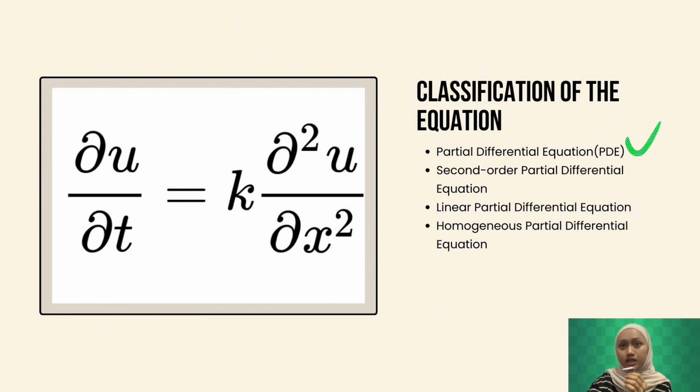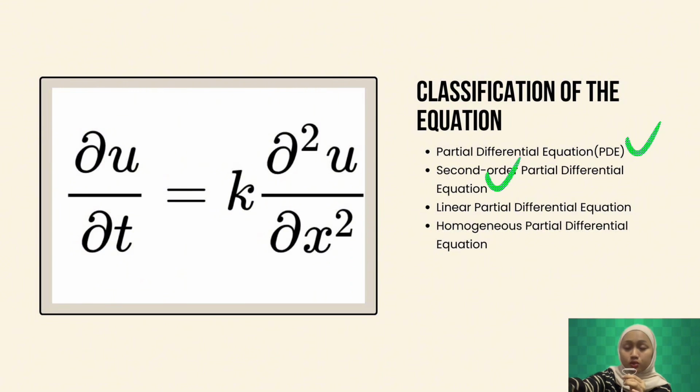For the second one, it is a second order partial differential equation, since the order of the PDE is determined by the highest order derivative present in the equation. Since the highest derivative in the equation is second order, as in del square u per del x square.